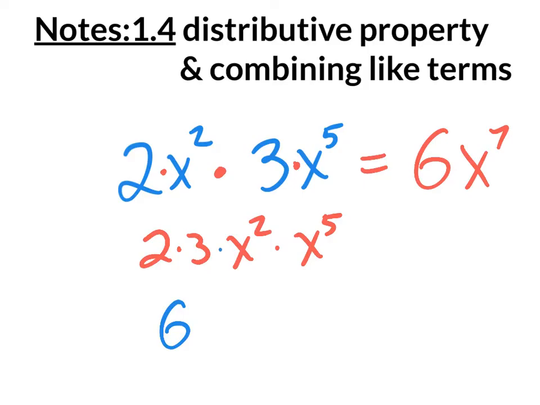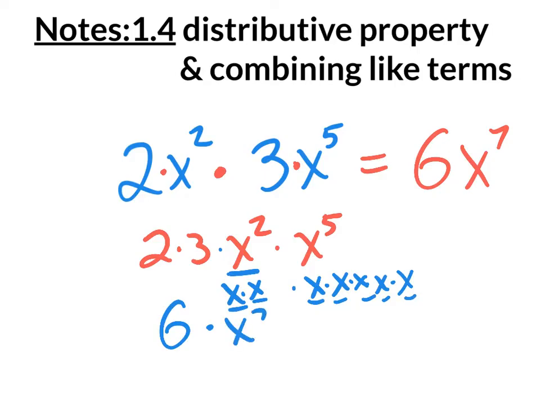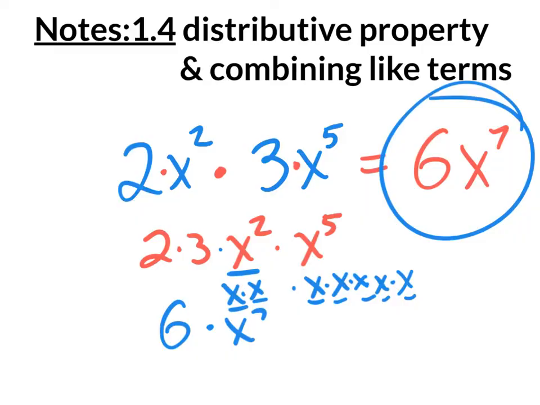Now, what is x squared really? X squared is really x times x. What's x to the 5th really? That's really x times x times x times x times x. So how many x's are you actually multiplying together? 7 of them. So that's why I just add them up, and I'll get 6 times x to the 7th. That answer is 6x to the 7th. Okay?